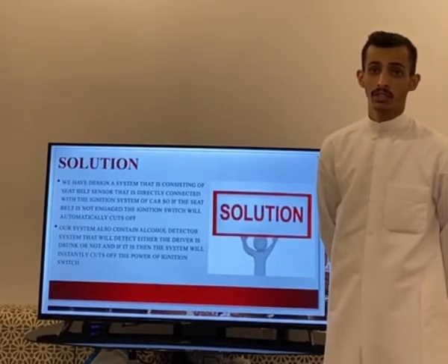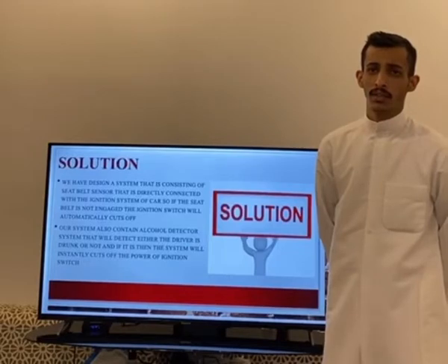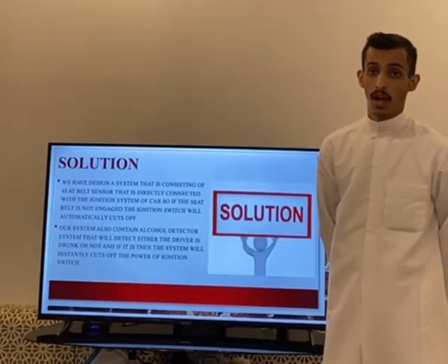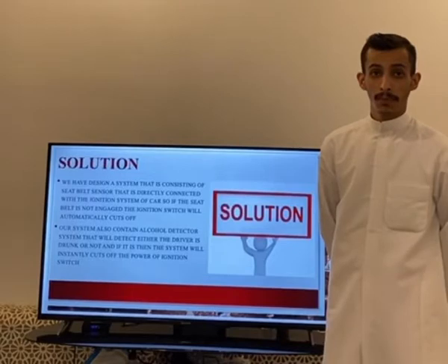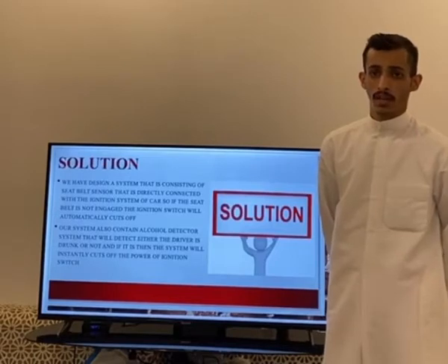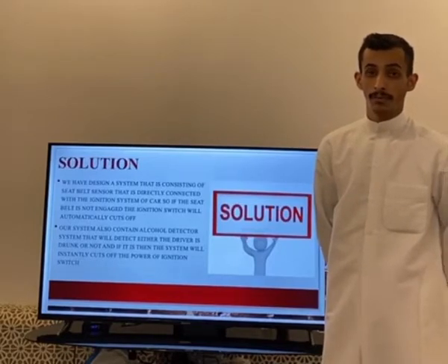This system will detect whether the driver has been drinking or not, and at the same time it will detect whether the driver has fastened the seat belt or not. In either case, it will cut the engine switch and the car will not be able to start. This is the solution of the problem.